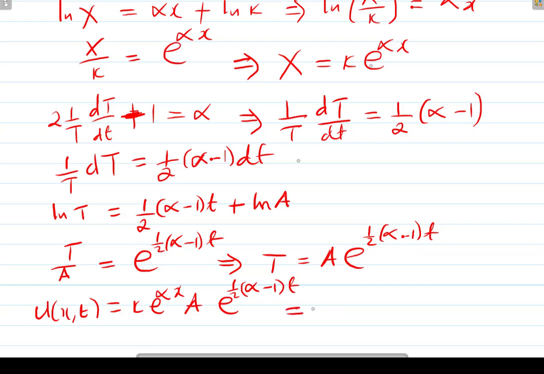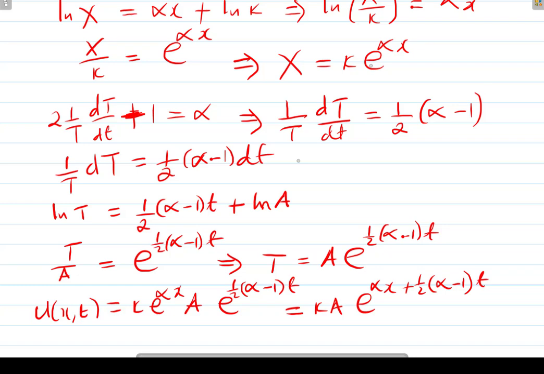Now e is common, so I can write ka e to the alpha x plus half alpha minus 1 t, like this.